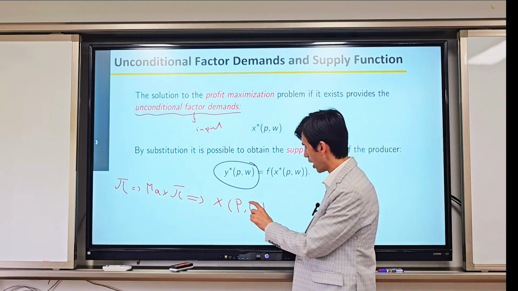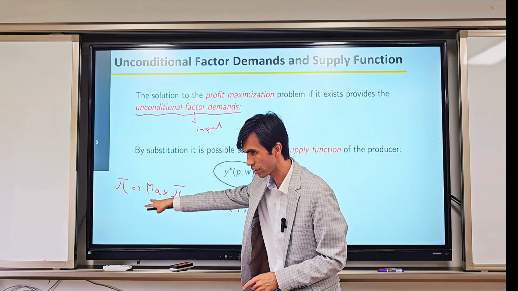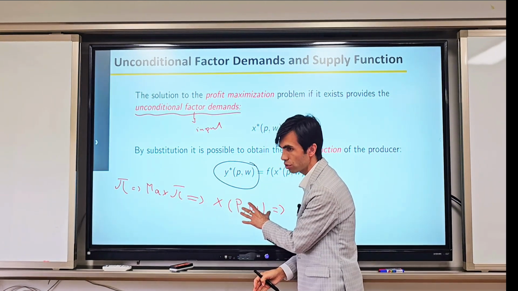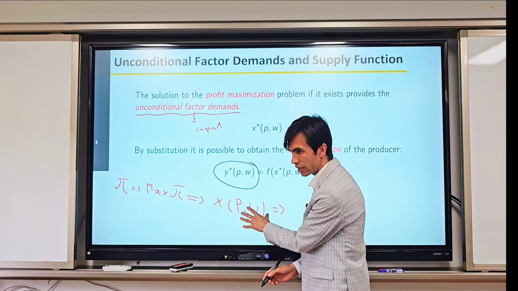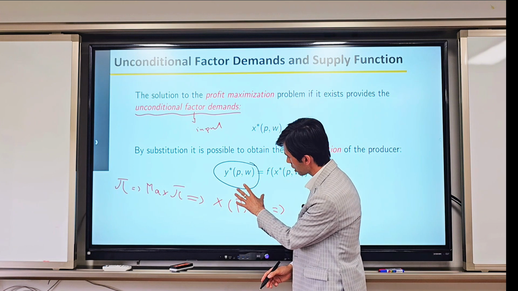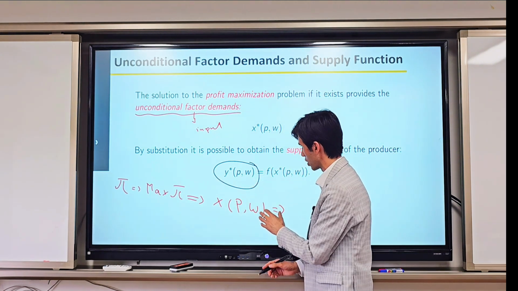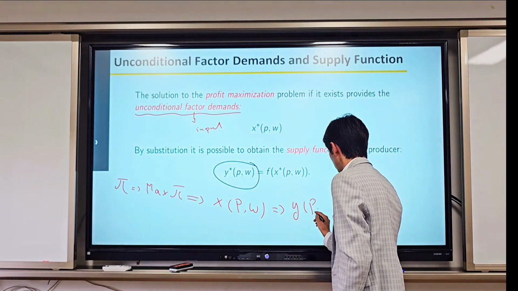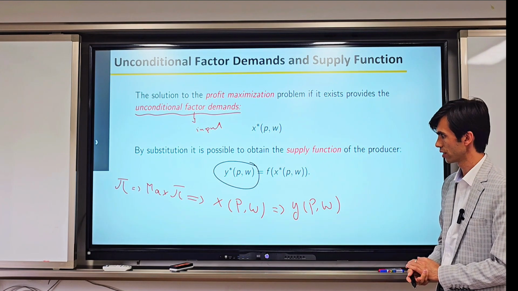And also, when we get our unconditional factor demand function by maximizing our profit, then by substituting this unconditional factor demand function into our production function, we will get our supply function as a function of output prices and input prices.